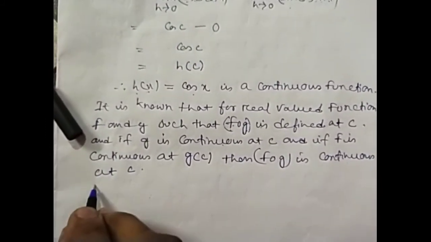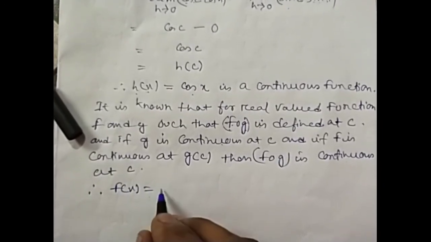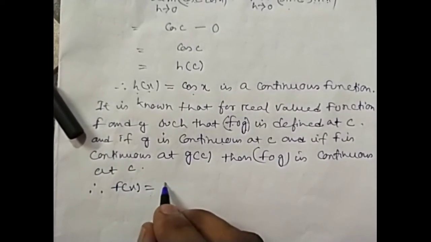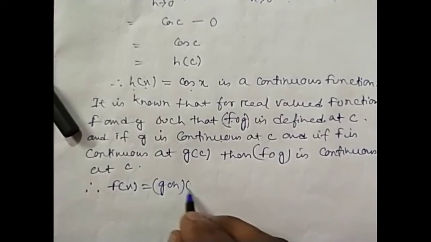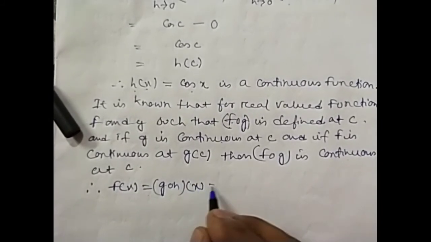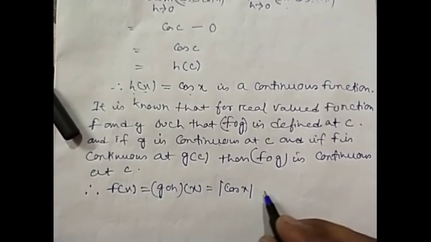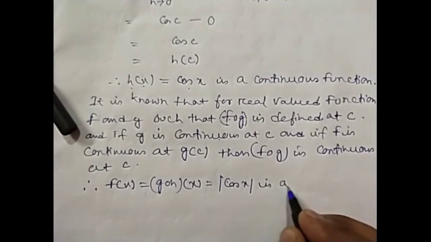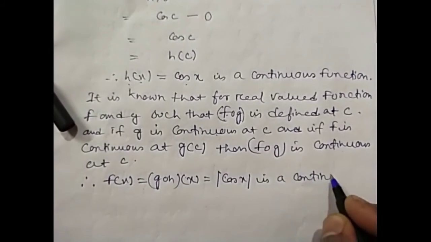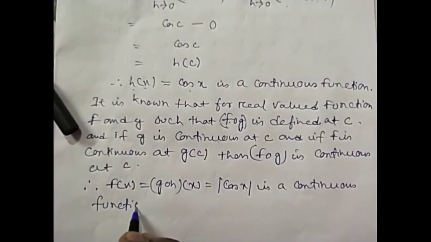Therefore f(x) equal to (g o h)(x) equal to modulus of cos x is a continuous function.